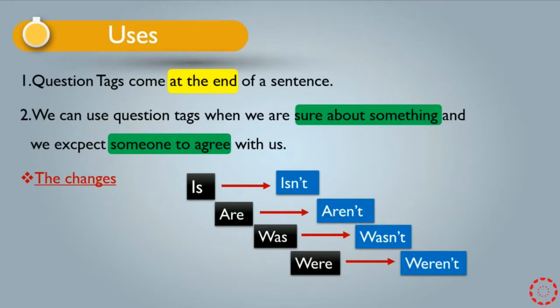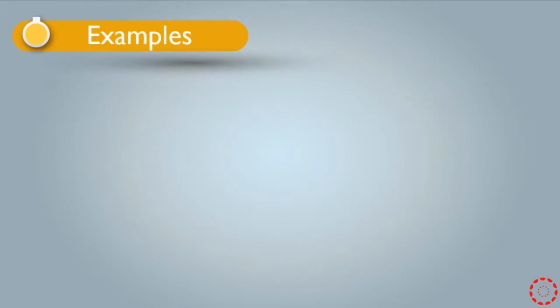So they are changing: is to isn't, are to aren't, was to wasn't, were to weren't, and also vice versa. Isn't became is, aren't became are, wasn't became was, weren't became were. Those are the changes we need in question tags. Okay, let's see examples.